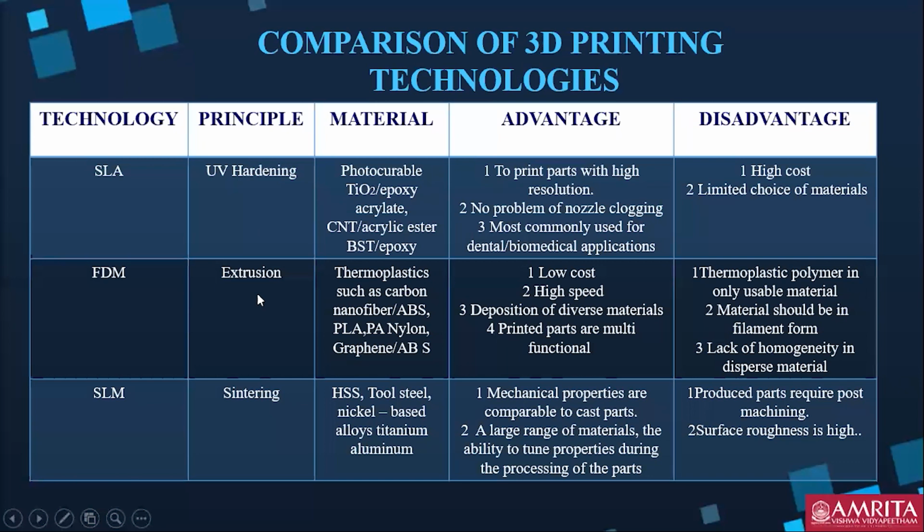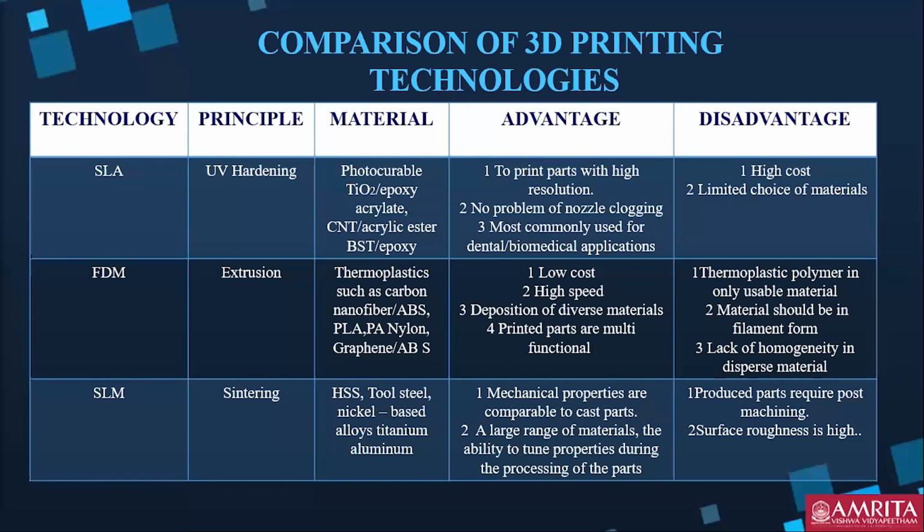Coming to FDM, I've told you, it is based on the extrusion principle. We use different types of thermoplastics. I've already shown you the images. The different types of thermoplastic available can be ABS, PLA, nylon, graphene.